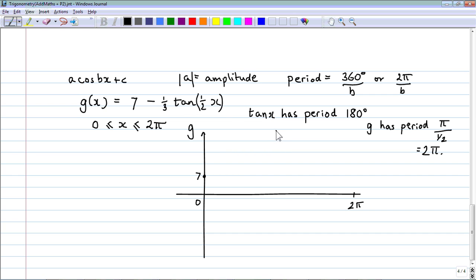So I'm going to draw a dotted line in the middle here to represent the point x equals pi. And I know that my graph, instead of going up to this line, is going to go down because we have a negative sign here. Basically, if we have a negative, it's just going to flip the direction. So this will go like this. And maybe I can draw this point here as the end point of my graph, like so.